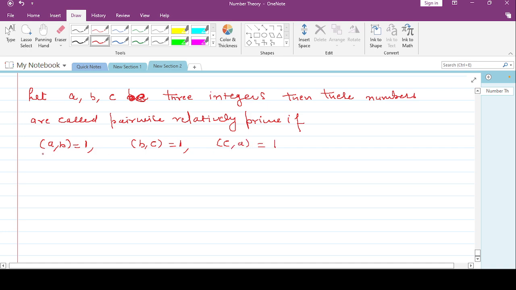If the GCD of their ordered pairs, one by one, is equal to 1, then we say that these numbers are relatively prime.